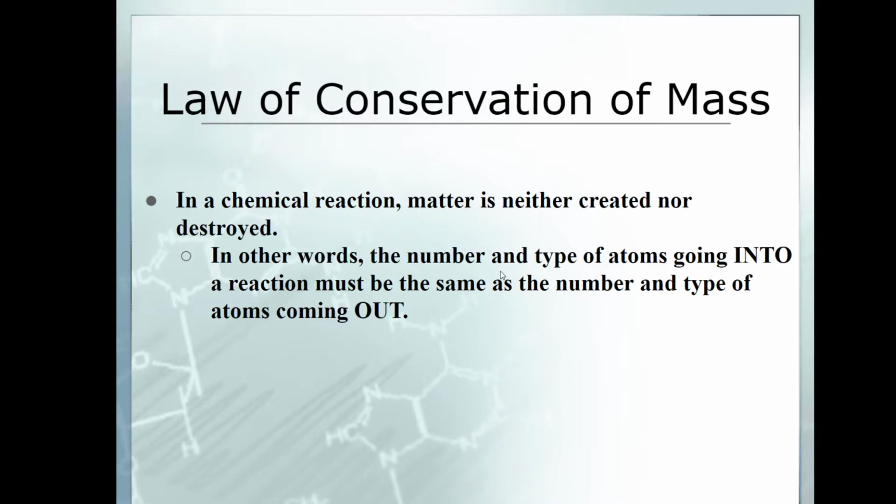So we're never going to end up with more mass or less mass overall on one side of the reaction than the other. That applies to the number of atoms as well. However many atoms of a certain type you have in your reactants, you have to have that same exact number of that type of atom in your product as well. Otherwise, your reaction is not balanced and it can't actually work in the real world.